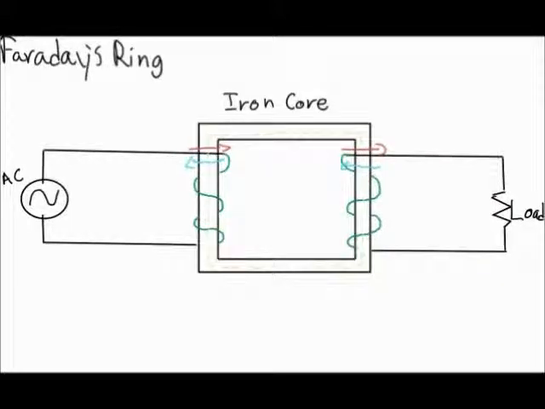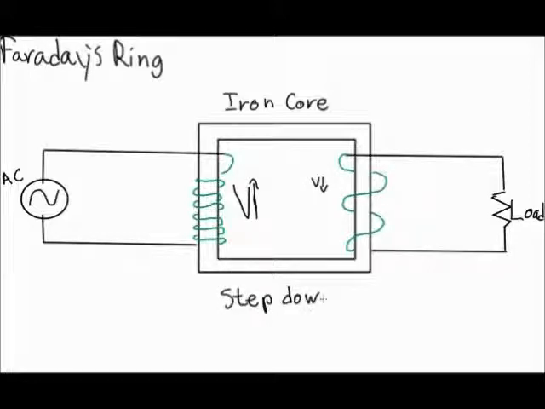So if we have lots of power coming from our power supply and we want less power to the load, we are going to have more coils on the left side and fewer coils on the right side, so that the voltage on the left is higher than the voltage on the right. And this is called a step-down transformer.